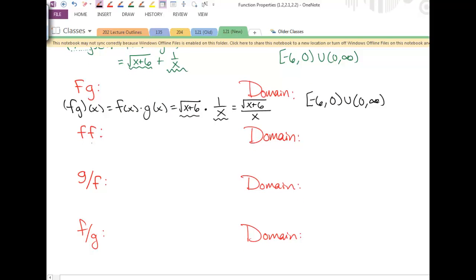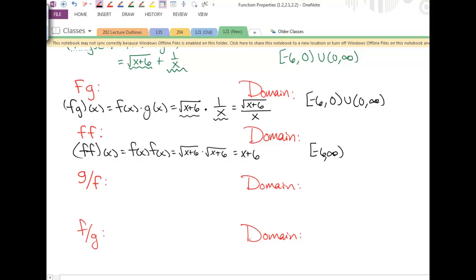Here I have f times f, that would be f times itself. So f times f of x is f of x times f of x. In this case, since we're multiplying the square root times itself, we could multiply those together and get x plus 6. And that's not too surprising, but what I do want to comment on is that the domain here is still the domain of f.